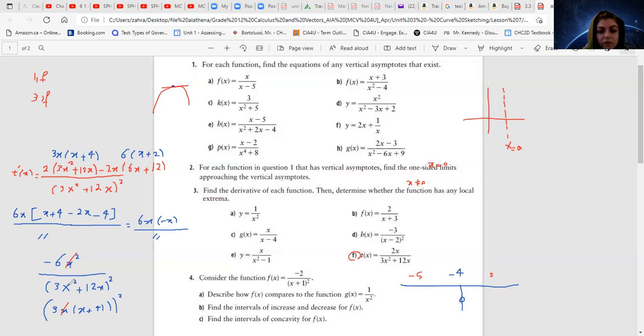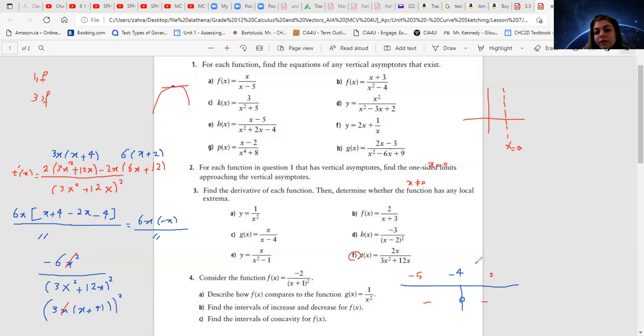If you put negative 5 here, the sign is going to be negative for your second. Also, if you put 0 here, again the sign is going to be negative, right? The reason is that x plus 4 is to the power of 2, and a power of 2 of something is always positive. It doesn't matter whether x plus 4 is negative or positive.